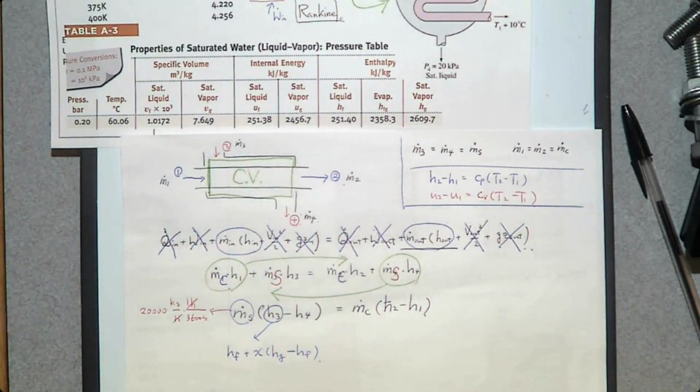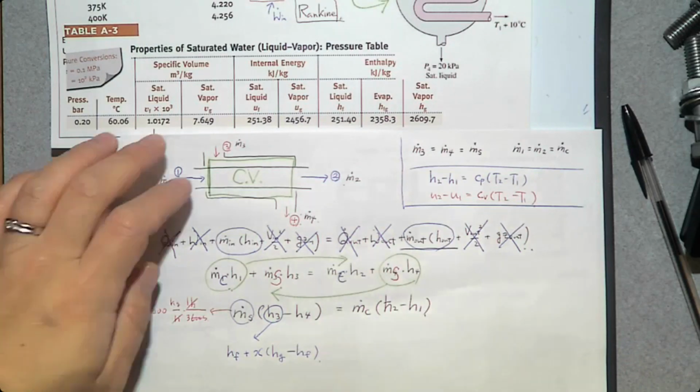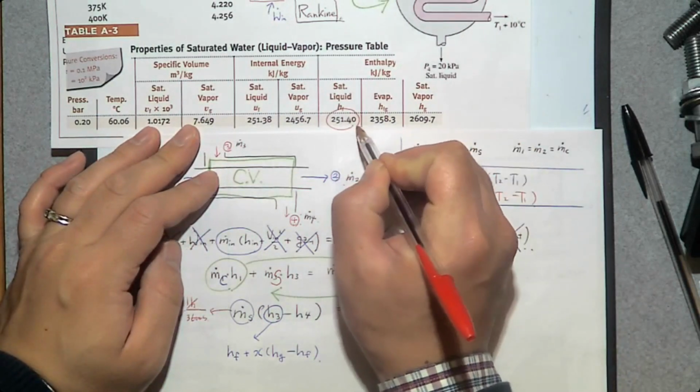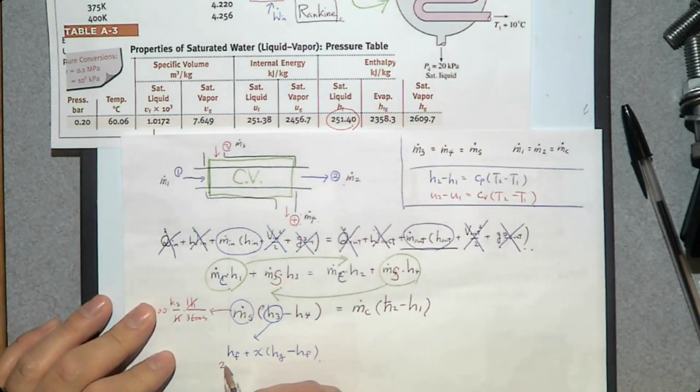From this pressure, 20 kilopascal. 0.2 bar is 20 kilopascal, right? So where is Hf? Here. Where is Hg? Here. So this one is Hf, 251.4.